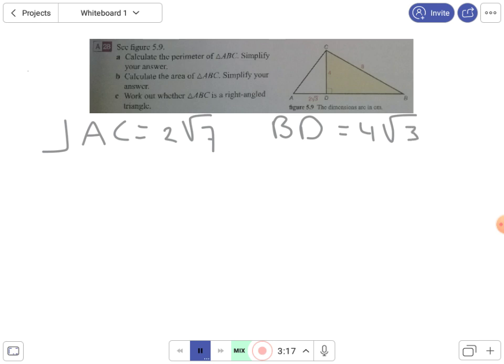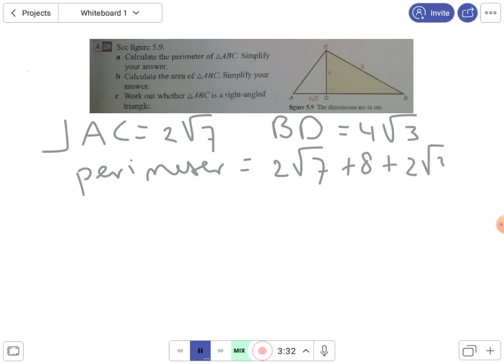So the perimeter is equal to 2 square root of 7 plus 8 plus 2 square root of 3 plus 4 square root of 3. And when you simplify that answer, you get 8 plus 6 square root of 3 plus 2 square root of 7. And the dimensions are in centimeters.